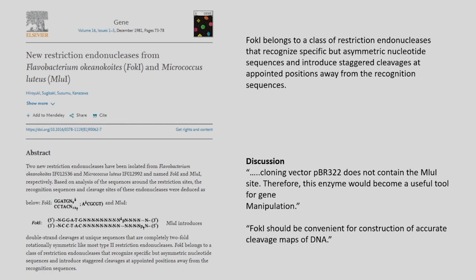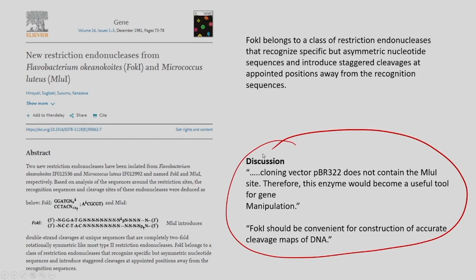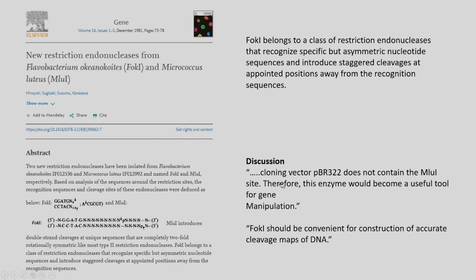In the discussion of this paper, the authors write about one observation where cloning vector pBR322 does not contain the FokI site. Therefore, this enzyme could become a useful tool for gene manipulation. Okay?